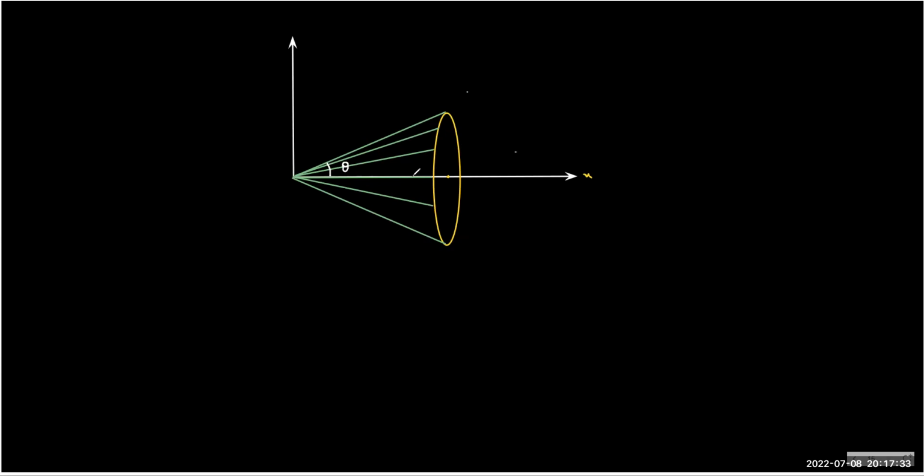Am I audible? So the question is, maybe you're still not getting the 3D view. Now you can see this better. So do you realize this? The x-axis also represents the axis of the cone.